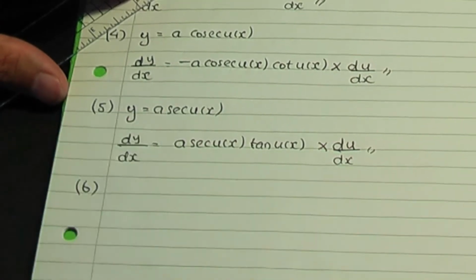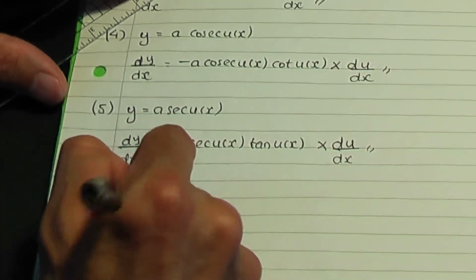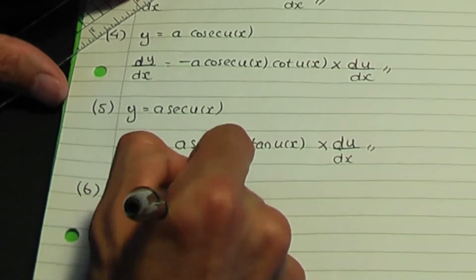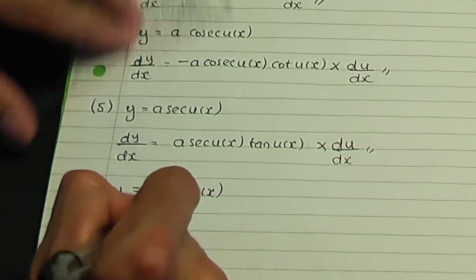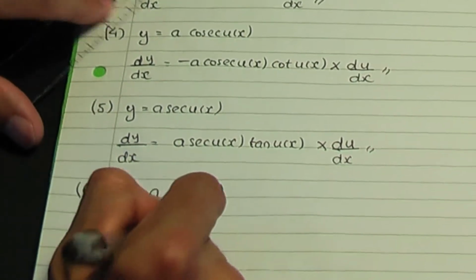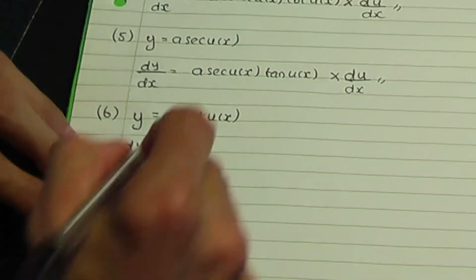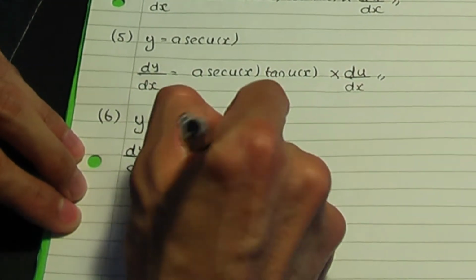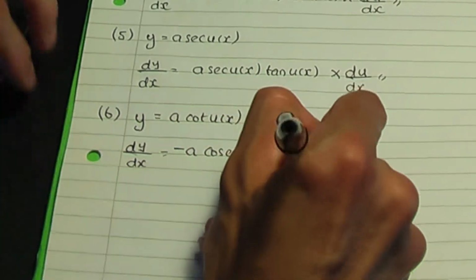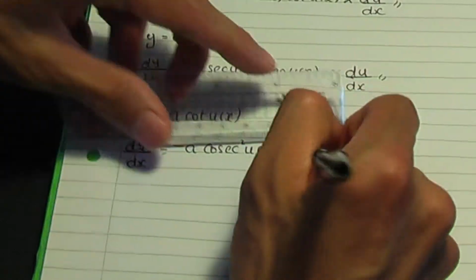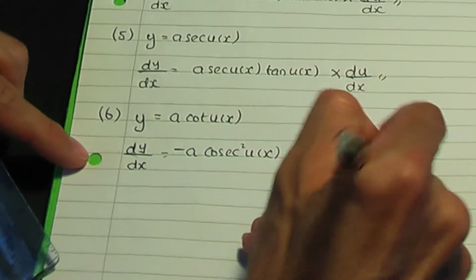And last but not least, number 6, y is equal to a cot ux, the derivative dy over dx should be minus a cosec squared ux times du over dx.